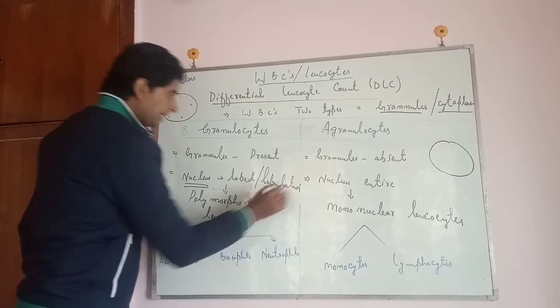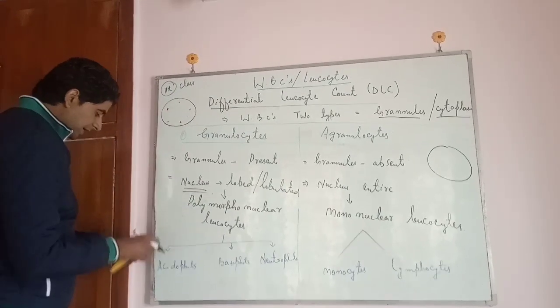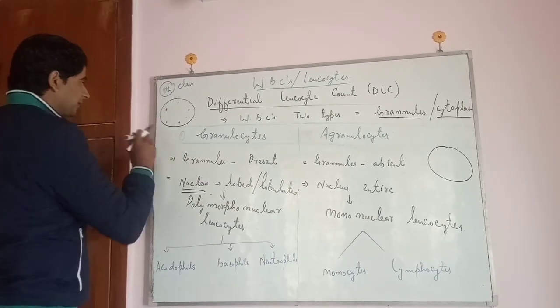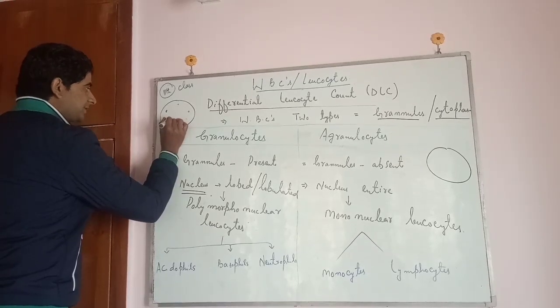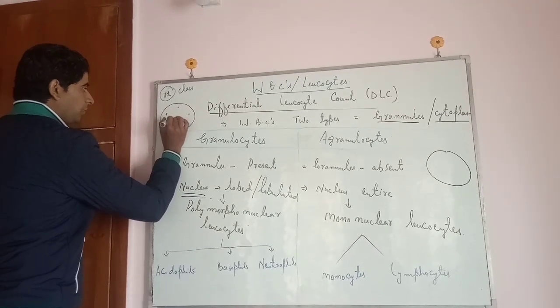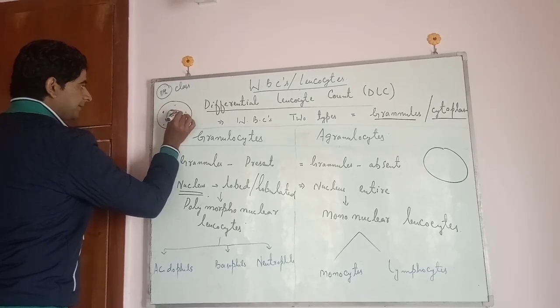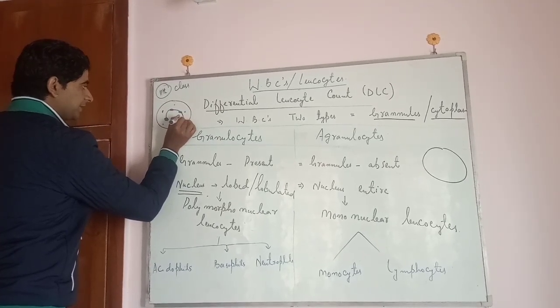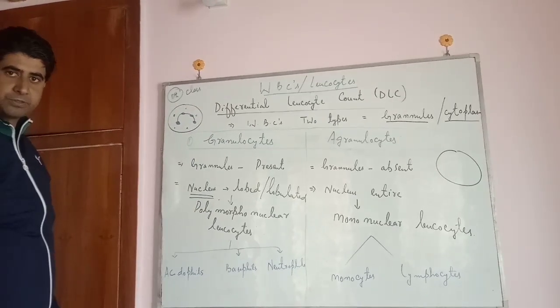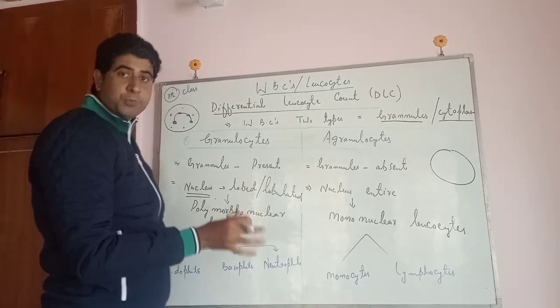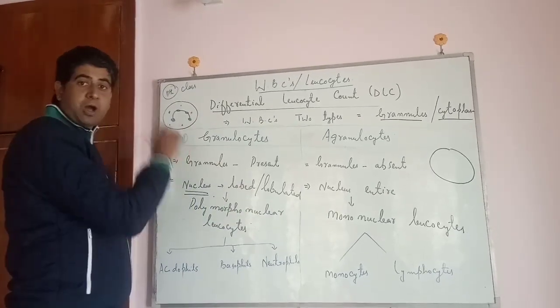Lobulated means यहां पे जो इनका न्यूक्लियस होता है, that possesses many lobes, just like this is one lobe, this is second lobe, this one is the third lobe, this one is another lobe. So here the lobes may be either two or many.